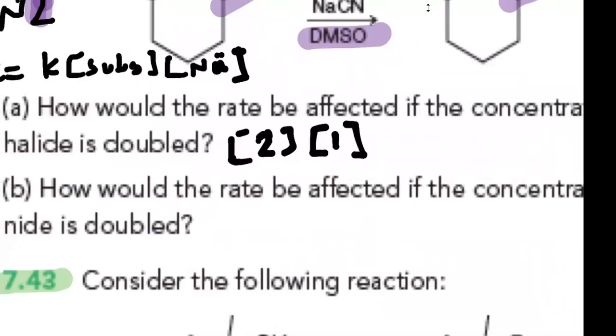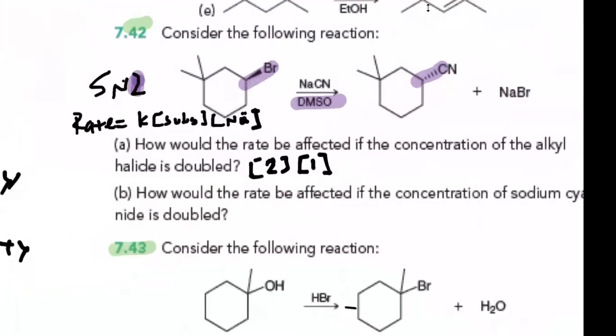What is 2 times 1? 2. So what should happen to the rate? It's going to increase for sure, but by how much? 2. Yeah, it's going to double. If you double the substrate or the nucleophile, either one, the rate is also going to double.